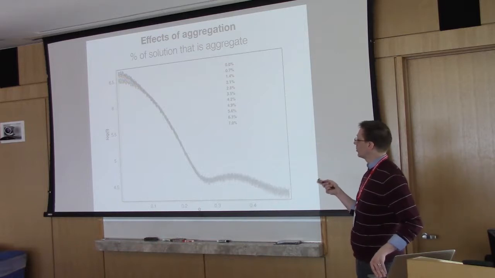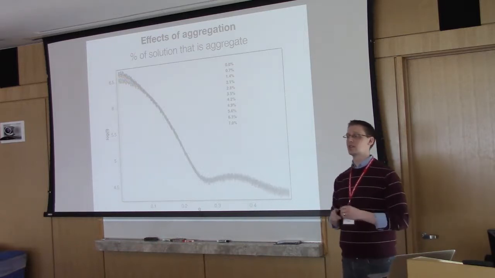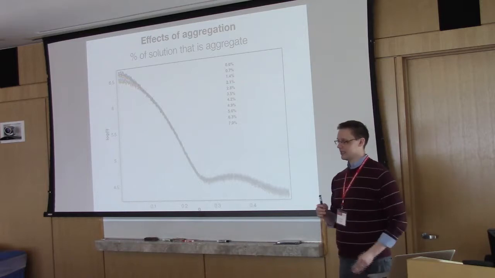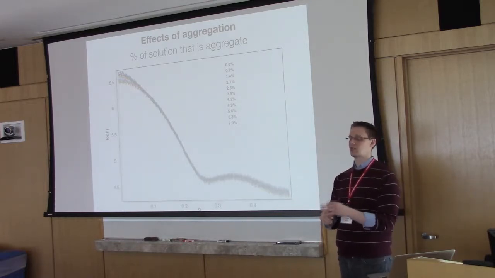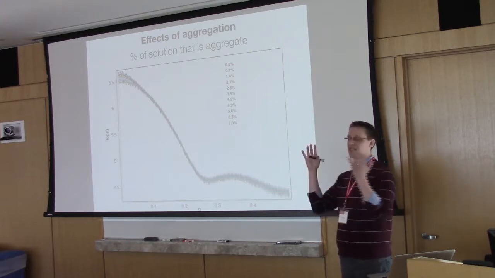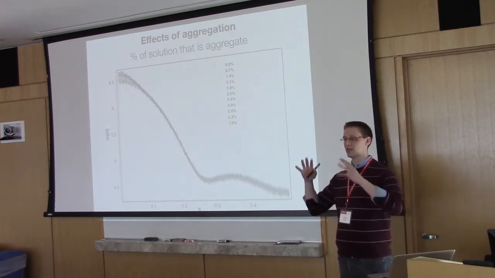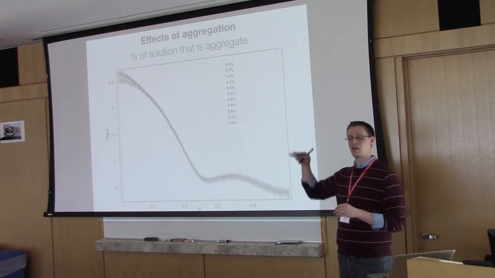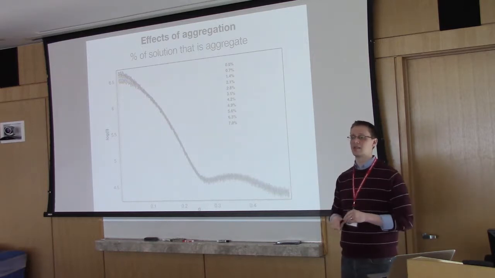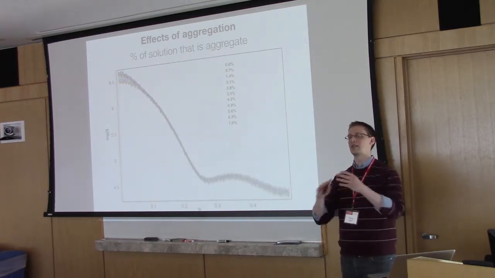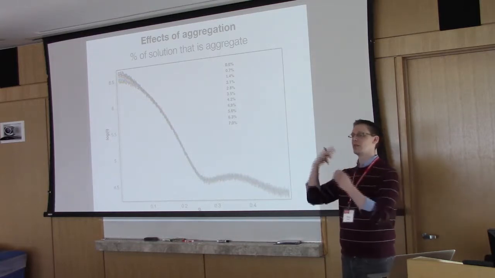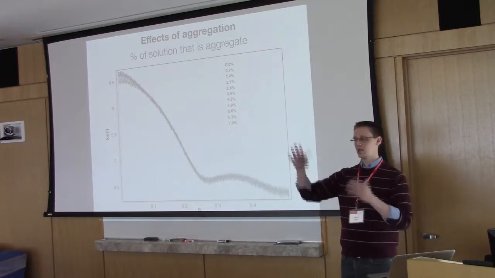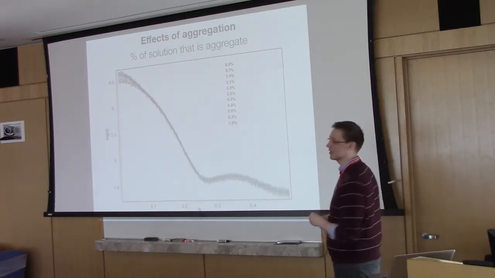So aggregation will show up in different ways. If you think about what aggregation is, for the most part your sample is a single population. Say 90% of it is a nice monomer, but 10% of your sample is aggregated, which means it's forming non-specific interactions that maybe form dimers and octamers and duodecamers or something like that, that are super big.